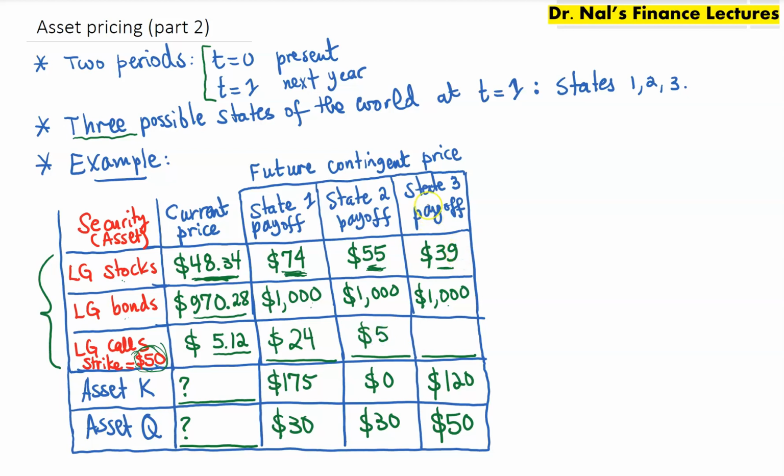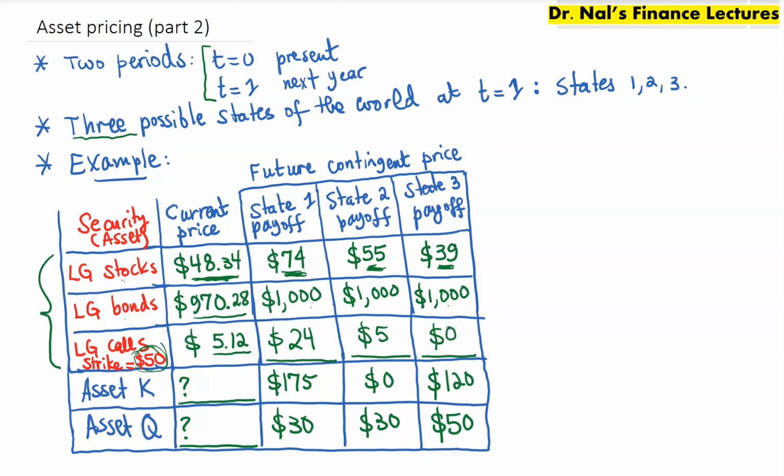Only in the case of state 3, because a year later the stock will be trading at $39, why would you exercise your right to buy the stock for $50 from the party you signed the call option with, rather than buying it from the market? You would definitely buy it from the market. Therefore the call option will go without being exercised.